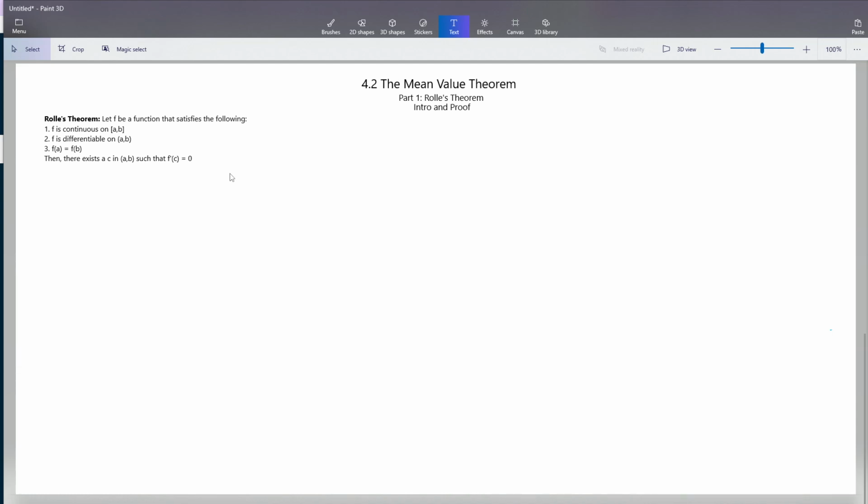Now, before we look at the proof for this, I want to go over what we're going to need to remember for the proof. We're going to need to remember two different theorems that we went over last time. One of them was called the extreme value theorem.